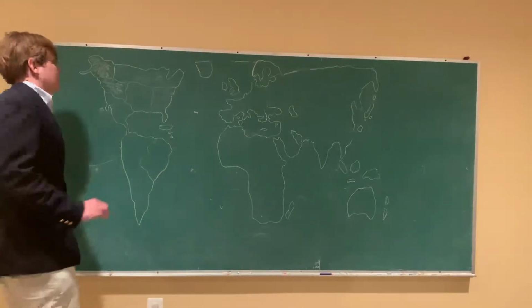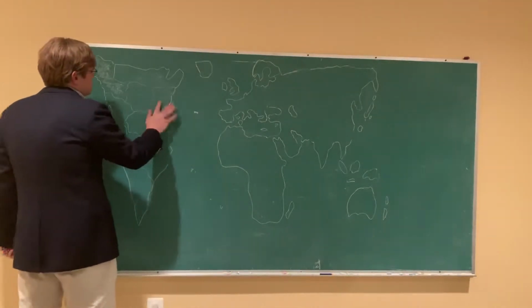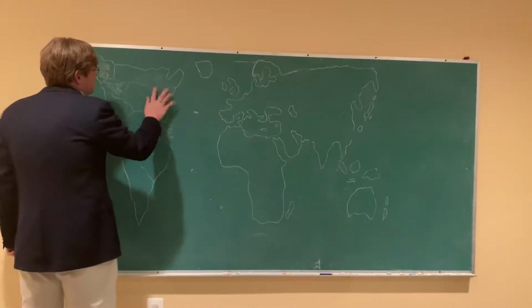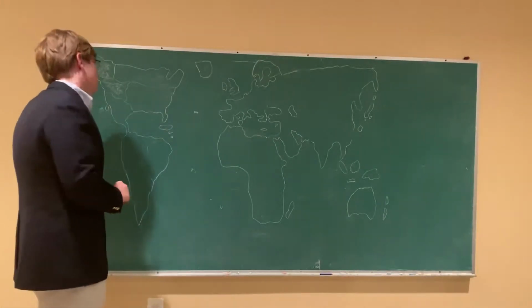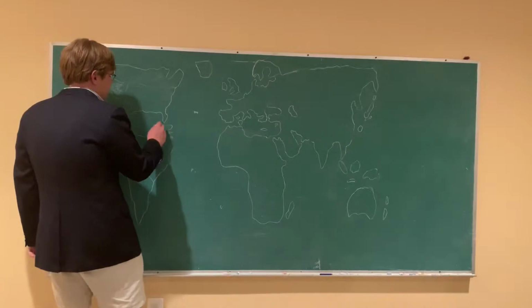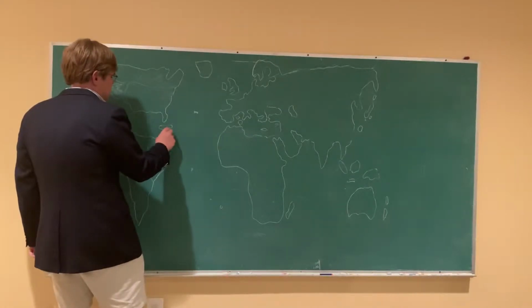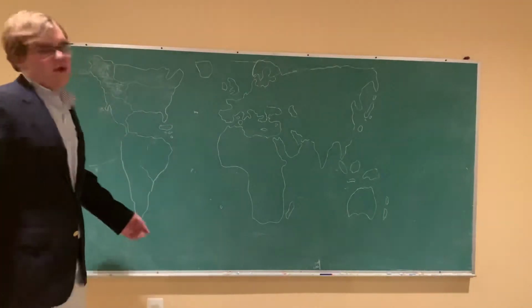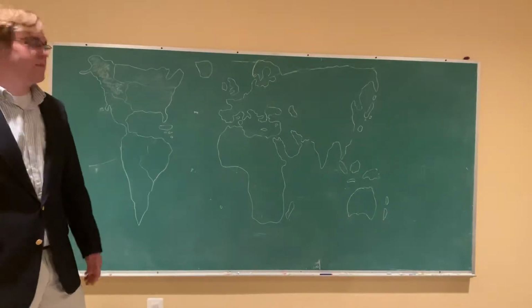Well, as we all know, Napoleon sold New France, the Louisiana Purchase, to the United States, and he also was unsuccessful in retaking Cuba for France, so Cuba becomes an independent country.